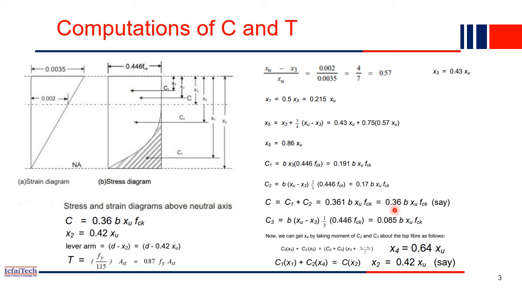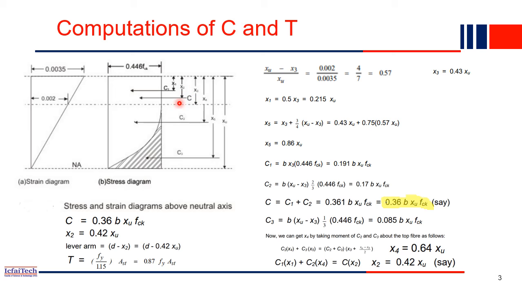You have to remember this formula very much. This formula is very important. So the total compression force C is 0.36 b xu FCK. This formula we have derived from this expression. Okay, that is C. So the C computation is over now.